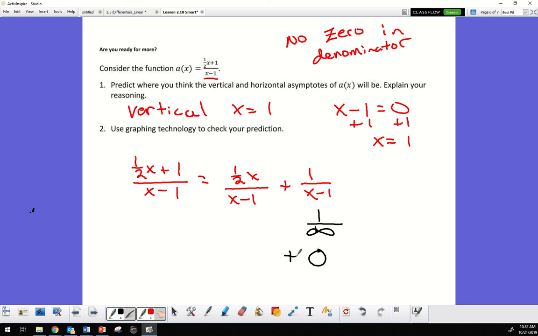But now, if x is infinity, that is 1/2 times infinity minus, what is infinity minus 1 again? It's still just infinity, isn't it? And what do you think infinity divided by infinity is? 1. Very good. So infinity divided by infinity is 1, so those will cancel out. What am I going to be left with at the end?